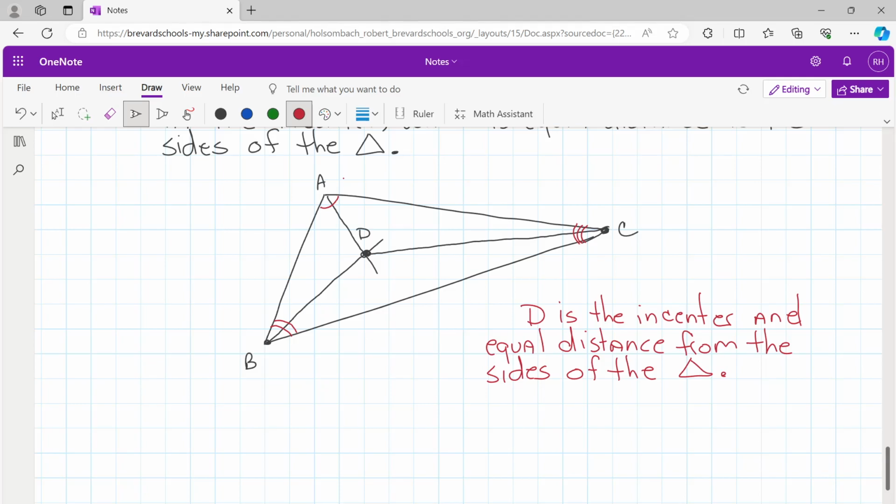So now remember, when you're measuring the distance from a segment to a point, it is along a perpendicular. So if we put a segment here from D to E, it's 90 degrees. And then we're going to put a segment from D to BC, I'll put point F right here. From D to F, that's the distance from the incenter to the side, and this is 90 degrees.